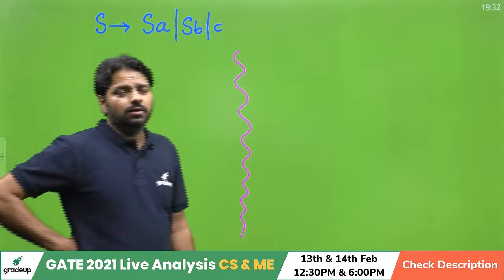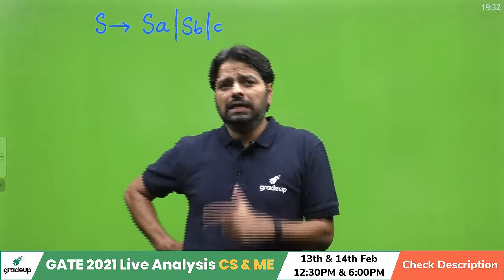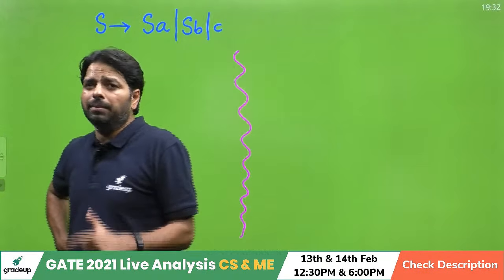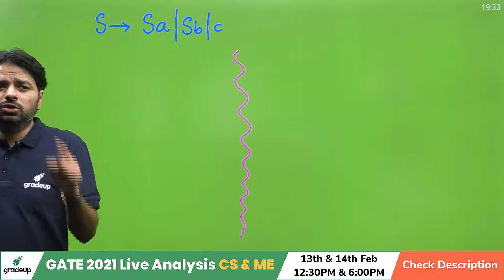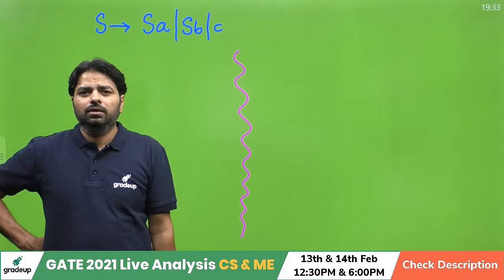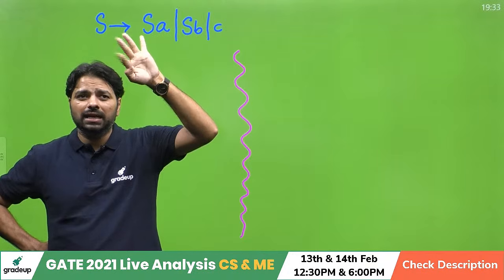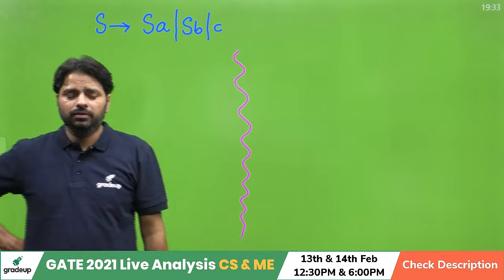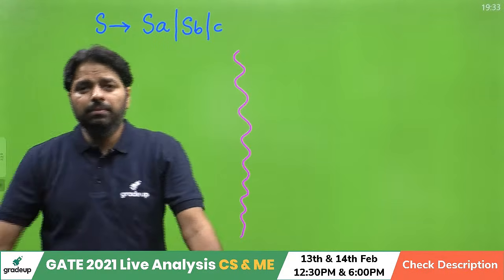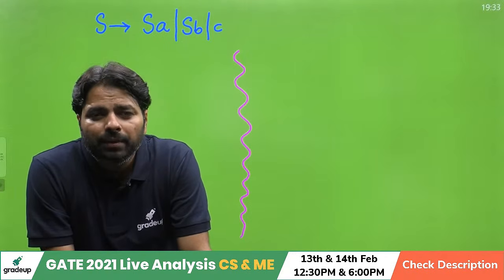If I want to check whether the grammar is LR0 or LR1, because you have learned 4 grammars, LR0, SLR1, LALR1 and CLR1, which one do you draw in the exam? Remember my point.